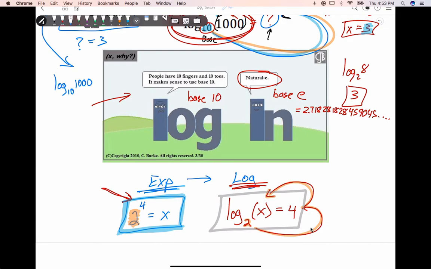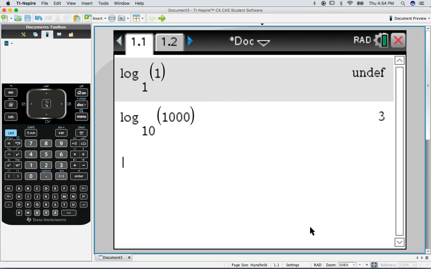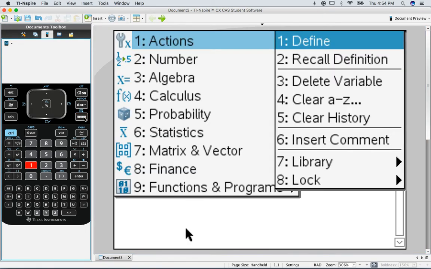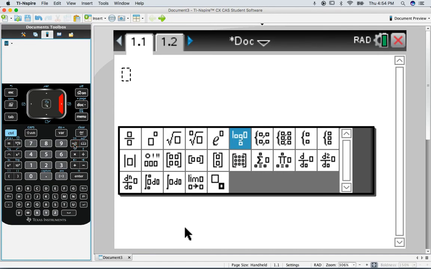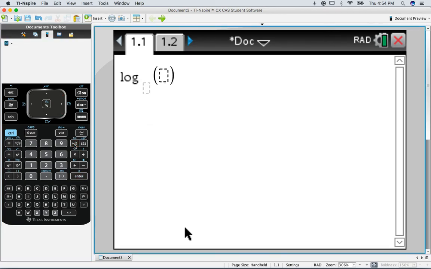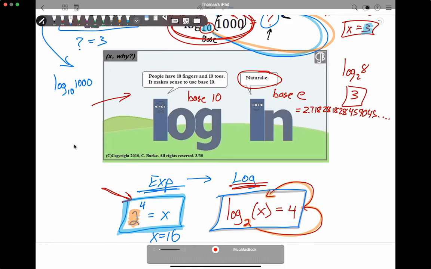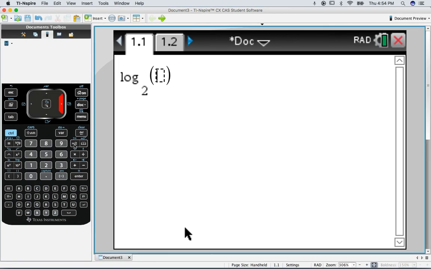We know that this is going to be x is equal to 16 over here. And let's say that I were to put this logarithmic form in my calculator and tell it to solve for x. Well, I can do that by the following. Let me go ahead and clear this up, and I'll press this button, find the log, and I'll say the base is 2. And that's what we have over here, base 2. The argument is x, and it's equal to 4.